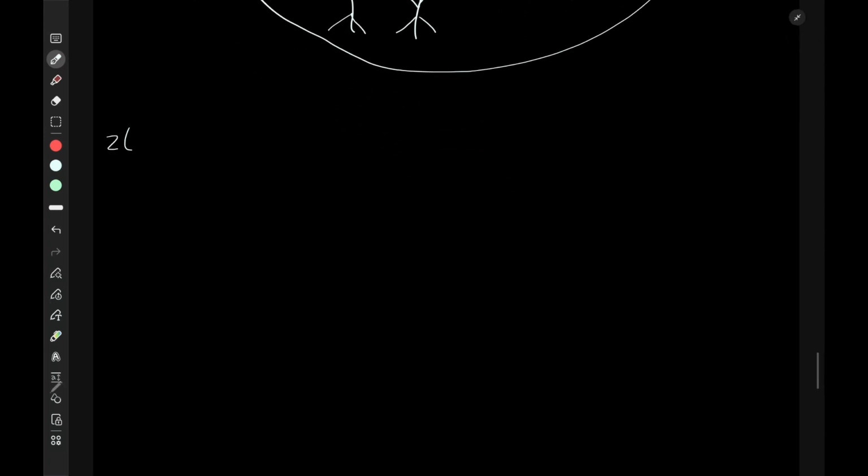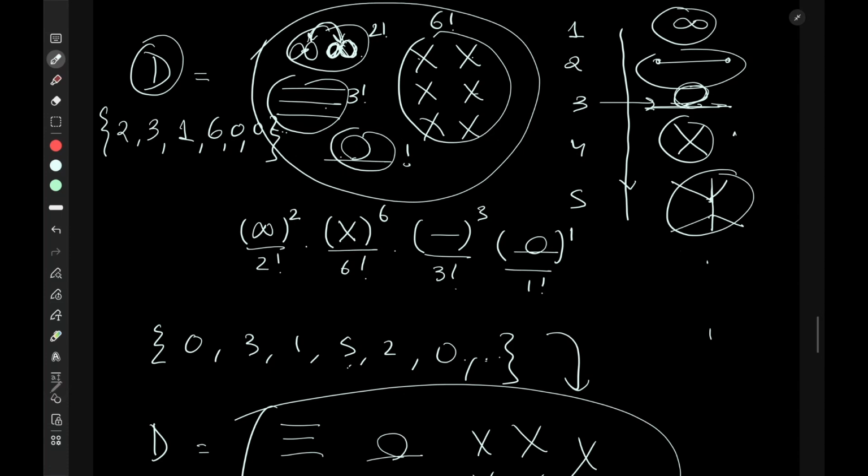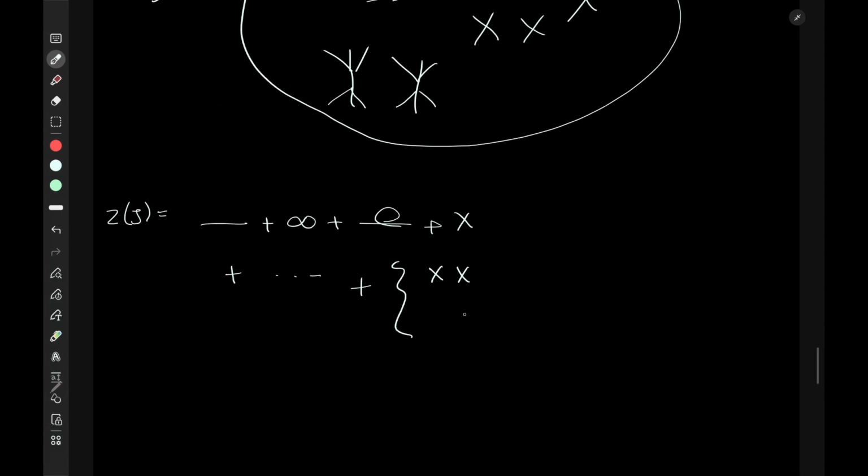So consider the series Z of J, and there are many terms in it. Some initial terms could look like this. Then there are some more complicated terms, and then there are terms of this kind. So there is, let's say, some diagram where we had 2 x's, 3 of these, some lines, some of these guys, and so on.